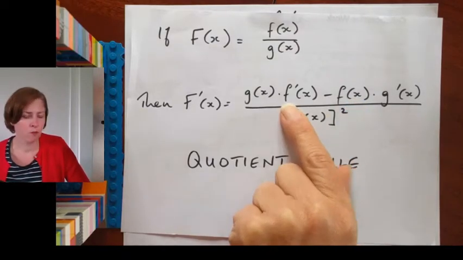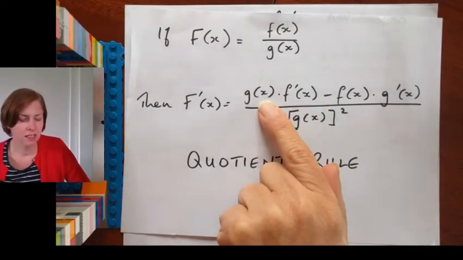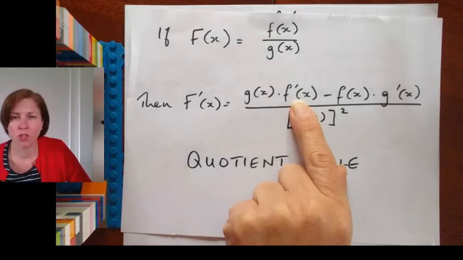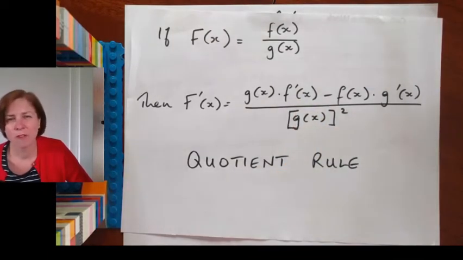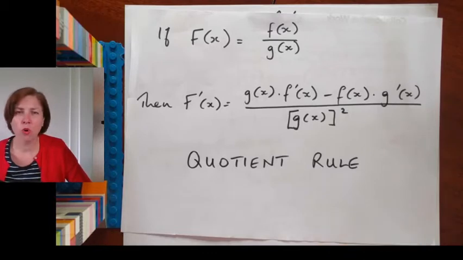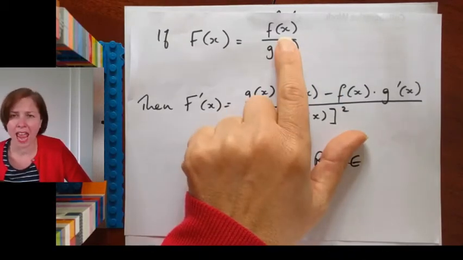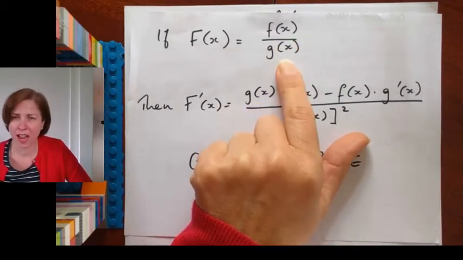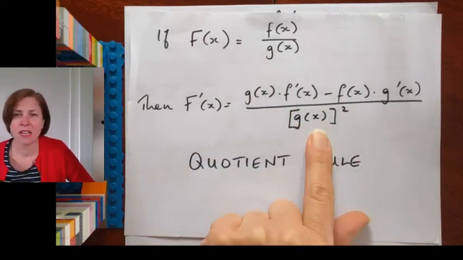And then here I've got the denominator times the derivative of the numerator. It's kind of complicated. It's not too hard to use though. What it's got in common with the chain rule and the product rule is all we need to do is identify f of x, identify g of x, and then put them in the right place.